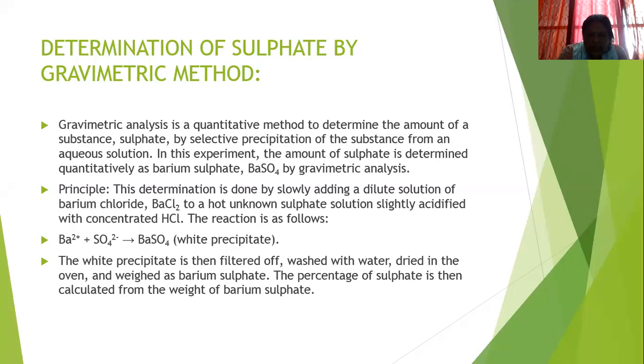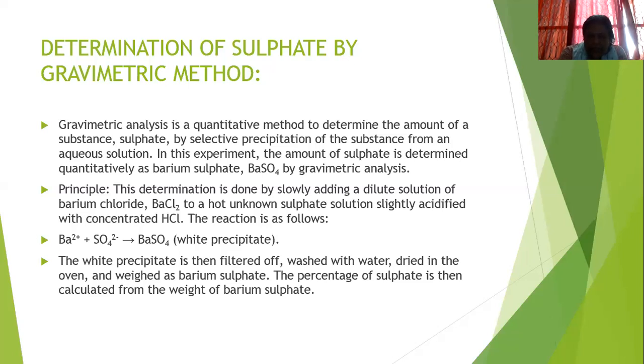It is a quantitative method to determine the amount of a substance, for example sulfate, by selective precipitation of the substance from an aqueous solution. So a solution of sulfate you will have to prepare. In that solution you will have to add one reagent, most preferably barium chloride.